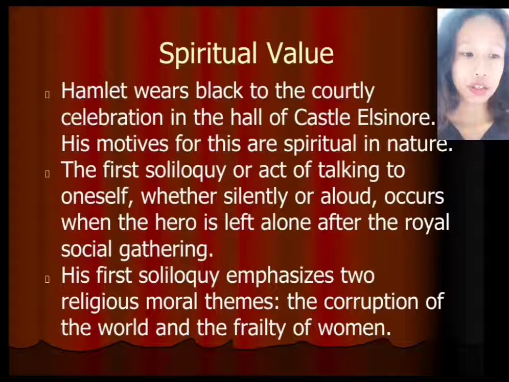The first soliloquy, or act of talking to oneself, whether silently or aloud, occurs when the hero is left alone after the royal social gathering. His first soliloquy emphasizes two religious moral themes: the corruption of the world and the frailty of woman. That's for spiritual value.